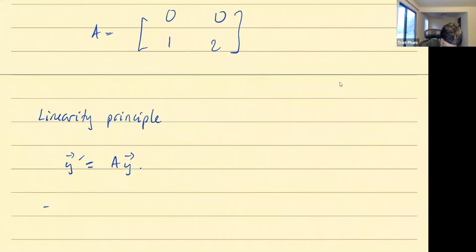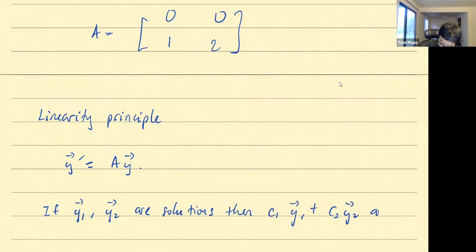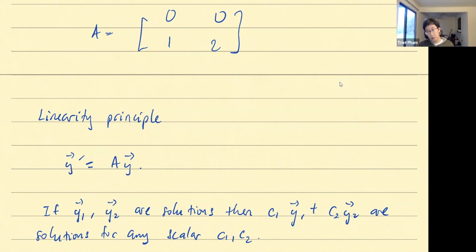Then if y1, y2 are solutions, then c1 y1 plus c2 y2 is a solution for any scalars c1, c2. That's the linearity principle, or some call it the superposition principle. Basically you keep adding solutions, and as long as the system is linear, it is still a solution.